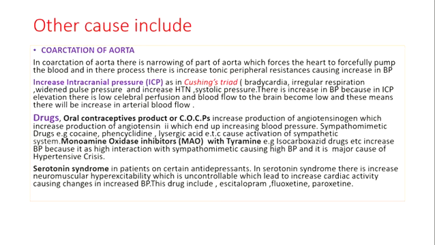Angiotensin 2 is a vasoconstrictor, and when there is vasoconstriction, there is increase in total peripheral resistance, which means blood pressure will go higher, and that's another way in which oral contraceptive products cause high blood pressure.